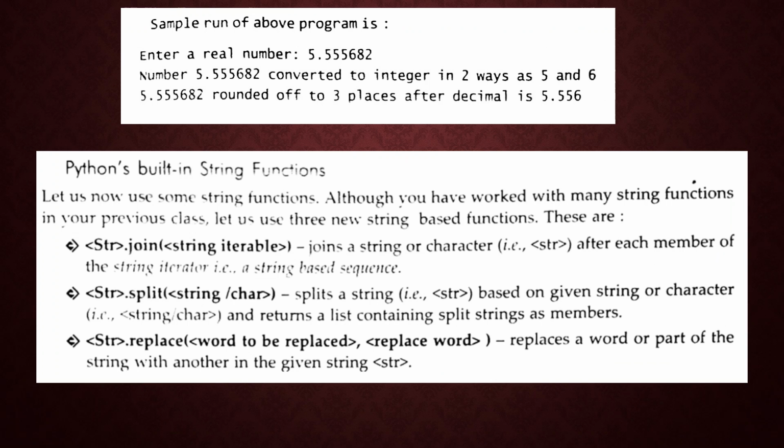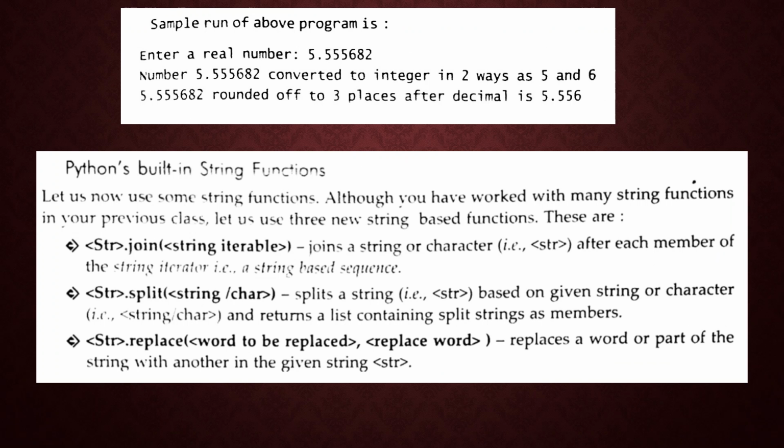Next, Python's built-in string functions. There are some built-in string functions, and last year we studied such string functions. Len is one of the string functions, that is to find the length of a string, and string copy also. Here, str.join: str means any optional string, dot join, and then a string iterable.